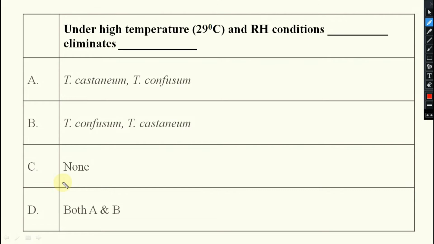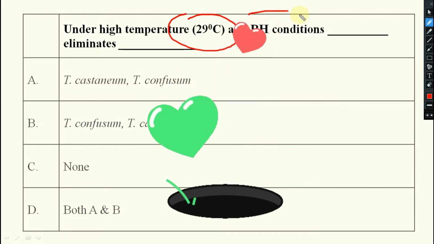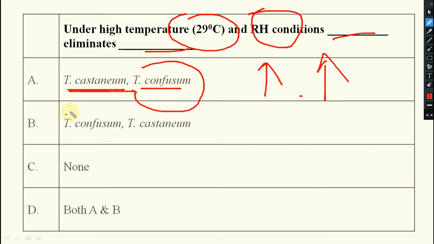Okay. Next, under high temperature, that is more than 29 degrees centigrade, and high relative humidity, which species eliminates which? That means if temperature and relative humidity are higher, which species will dominate and which species will die. This is somewhat confusing. Option A is Tribolium, the red flour beetle: Tribolium castaneum eliminates Tribolium confusum, or Tribolium confusum eliminates Tribolium castaneum.